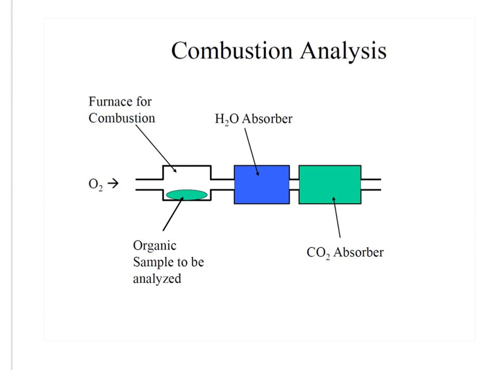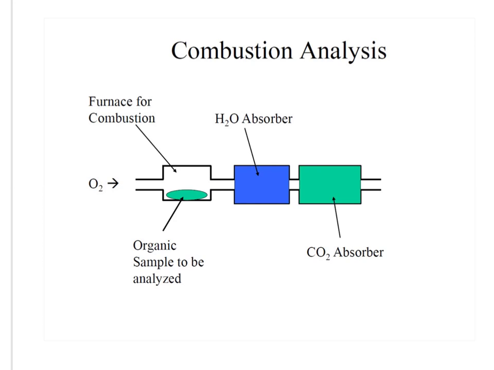You can find the percent composition and empirical formula of an organic compound made up of carbon, hydrogen, and oxygen by doing a combustion analysis. All the hydrogen bonds to oxygen to form water, which is deposited in the water absorber. Then all of the carbon bonds with oxygen to form CO2, which is deposited in the carbon dioxide absorber.